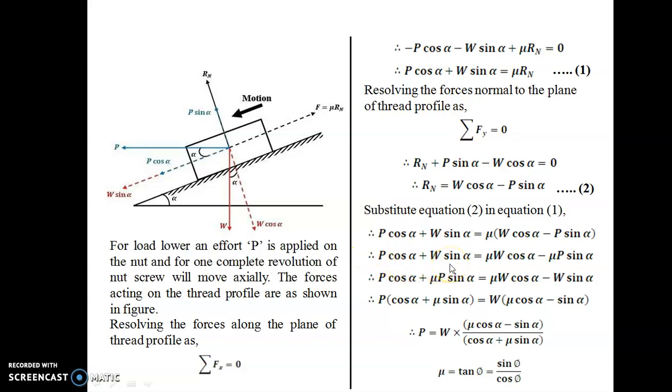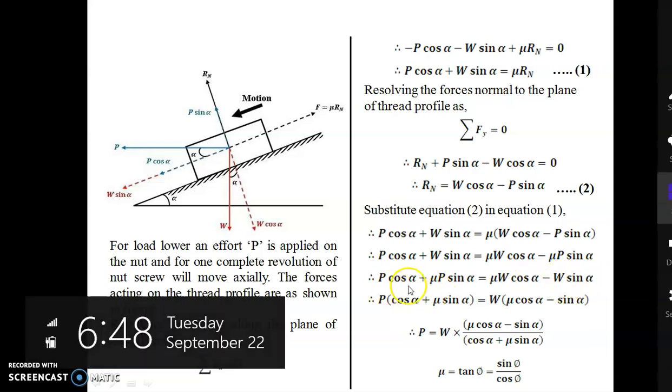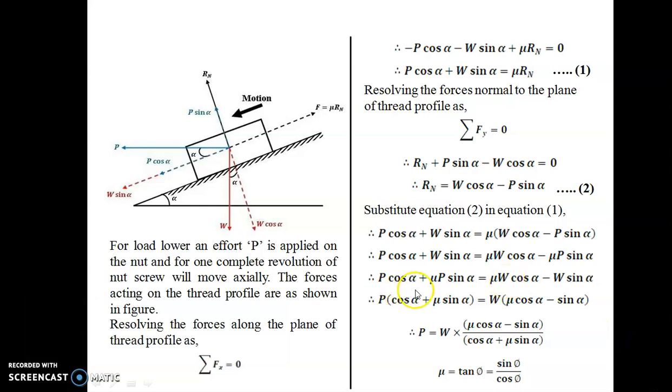Then take P terms on one side and W terms on one side. So P cos alpha plus mu P sin alpha is equal to mu W cos alpha minus W sin alpha. Take P common.